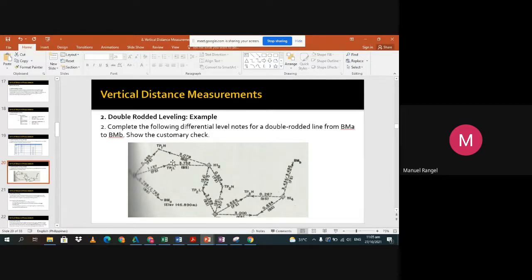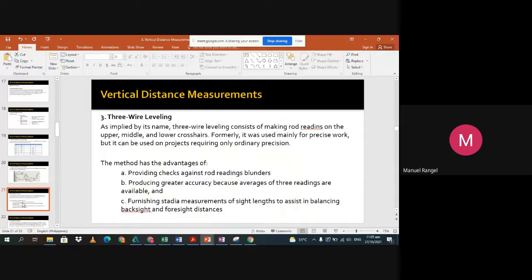So, double-rodded ni siya. Duha ka rod ang iyang gamit with TP1H, TP1L. Siya isa railing. Lahat na foresight, backside. So, bali tulo na ka problems ang inyong assignment. Katong sa differential leveling and kining double-rodded leveling.